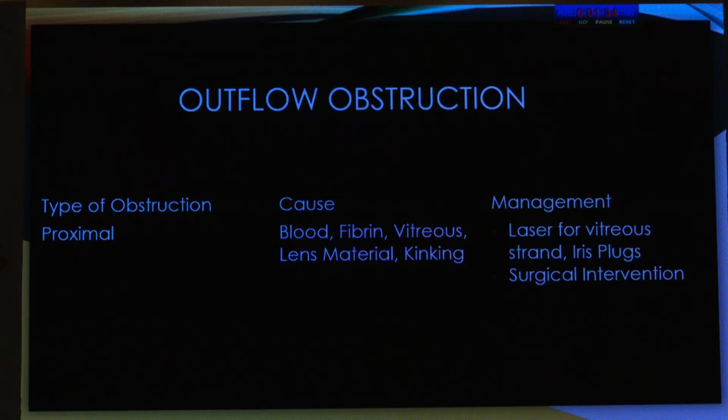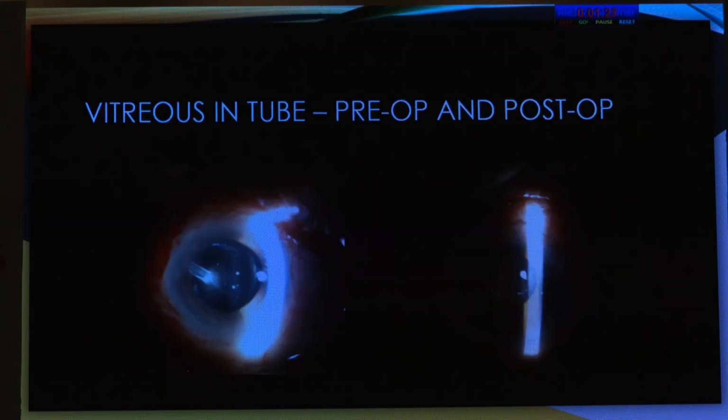Laser works nicely if the tube is blocked by vitreous strands. In this patient, you can clearly see the tube has been blocked by vitreous strands, and after ND-YAG lysis, the tube started working again and IOP was controlled.